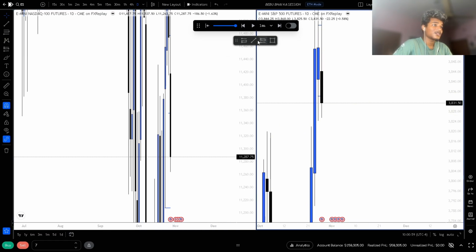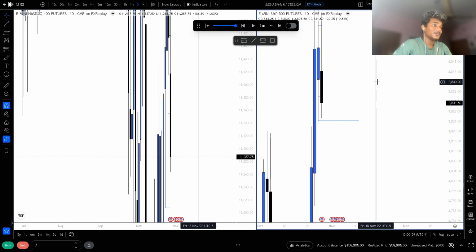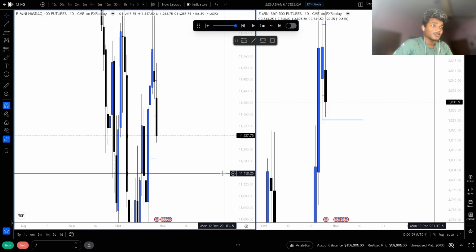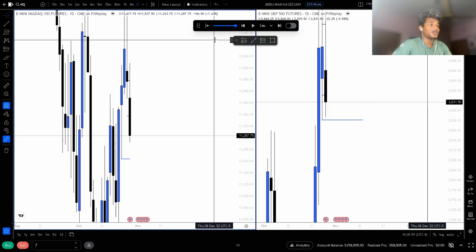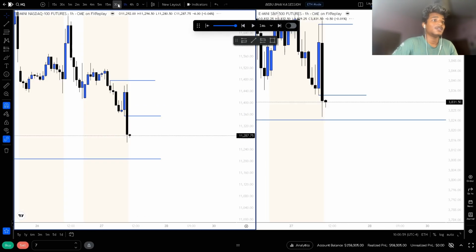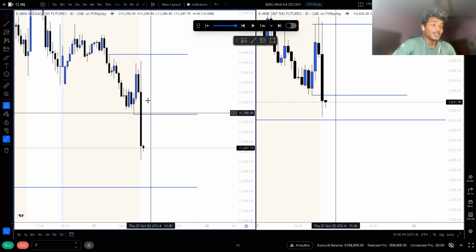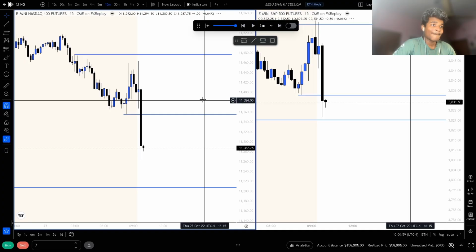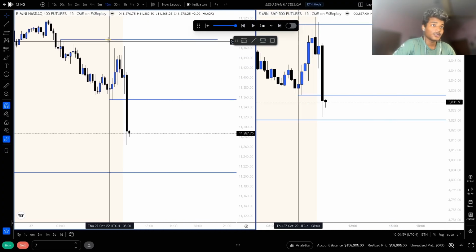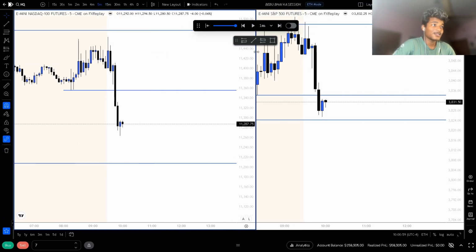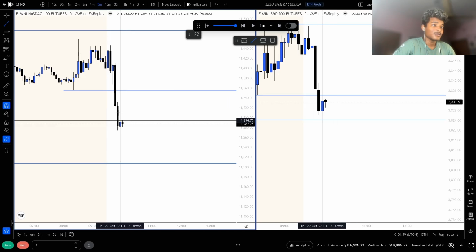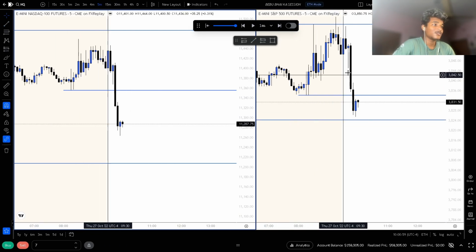We do have this unmitigated 4 hour below us. So the market may mitigate into that, but NQ is very down. I will try to catch confirmation shorts targeting this low down here. For that, I actually want a 5 minute retrace into this or into this. So let's see what will happen actually.